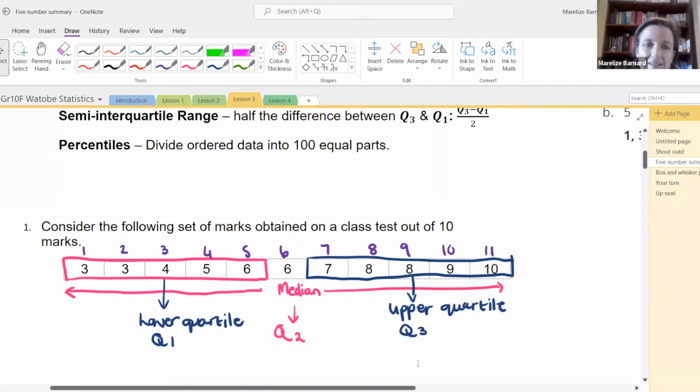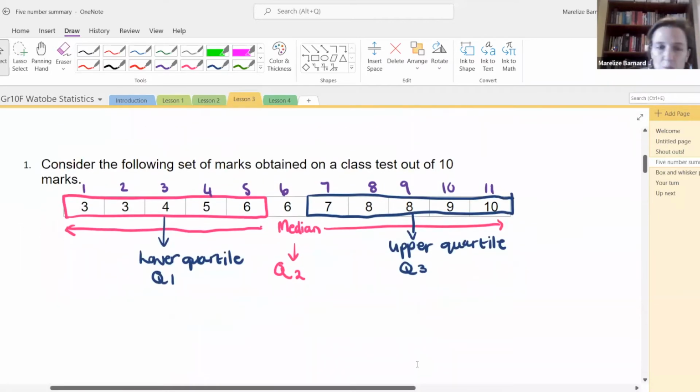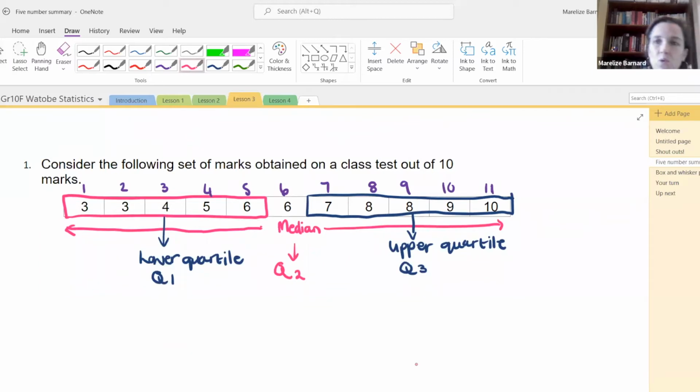Now there's one more definition we need to learn, or maybe you know it already, which is the interquartile range. Does anyone know what the interquartile range is for this data? You can just pop the number into the chat. Lorata, because she got 80% for a statistics test, already knows.